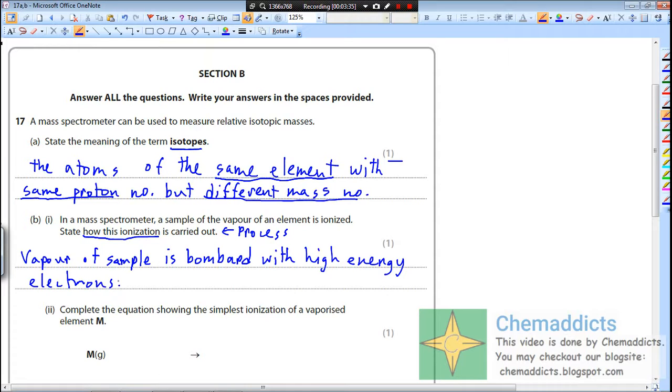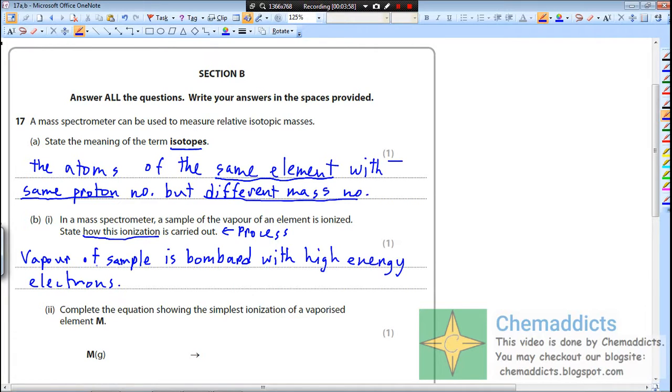So the vapor of the sample is bombarded with high energy electrons, which knock one or more electrons from the outer shell.